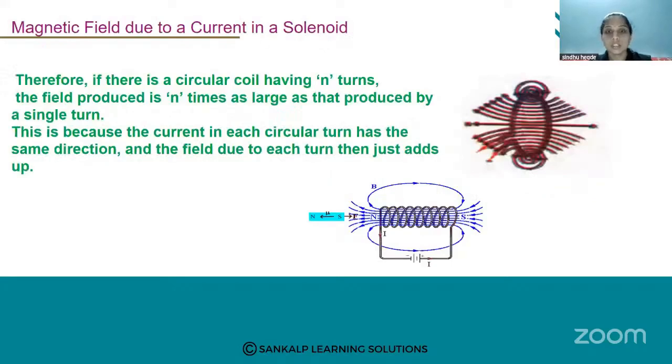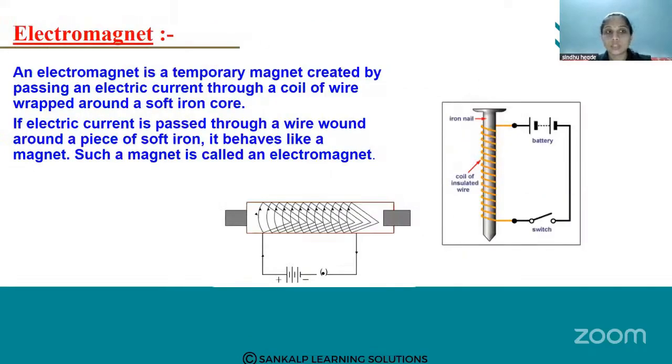Next one, again we studied about the electromagnet. Just remember those things. Okay, electromagnet. What is an electromagnet? It is called a temporary magnet, right? It is created by passing an electric current through a coil. Here take one coil, wrap some wire through that coil and connect it to some battery.